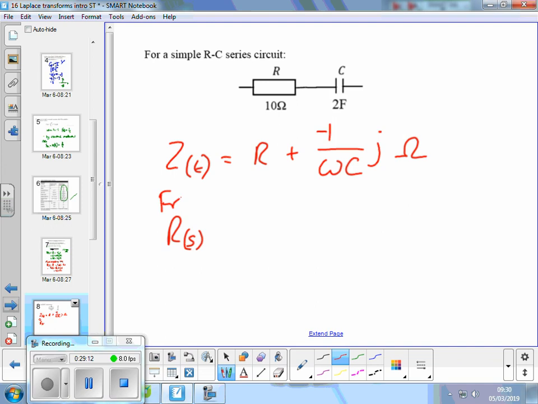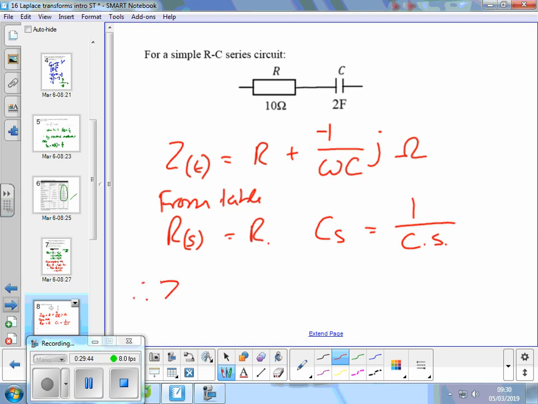From the table, R of S is equal to R. C of S is equal to 1 over C times S. And it's not the value of the capacitor that's equal to minus 2, it's at minus J. But the negative sign goes, which we aren't interested in here.